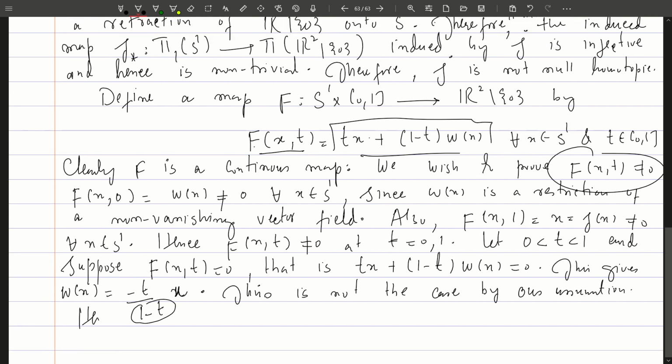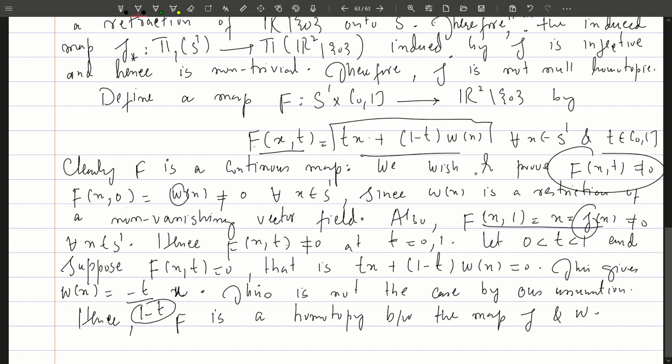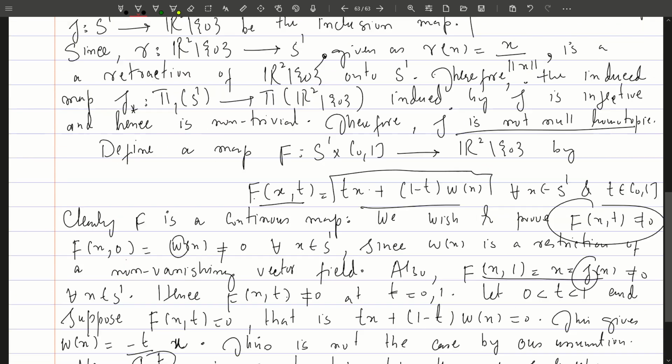So f is a homotopy between the maps J and W. Because when we restrict f to 0 we get W, and when we restrict f to 1 we get the map J. But W is null homotopic, this implies J is null homotopic, but we have proved here that J cannot be null homotopic, hence our assumption is wrong.